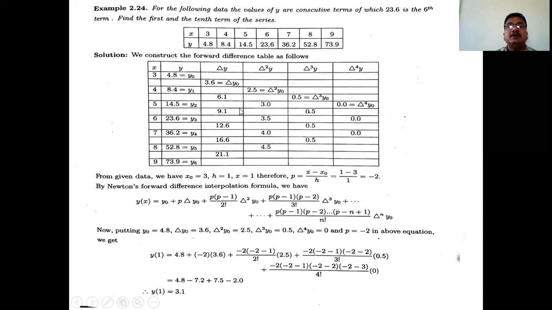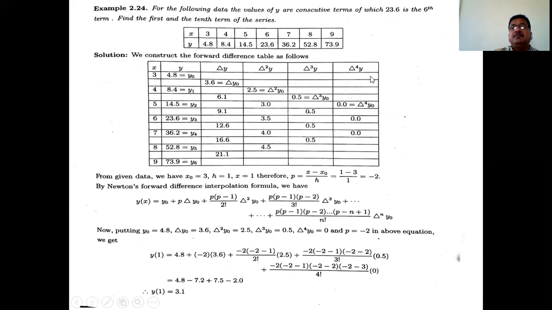That's why I prepared the forward difference table. The first column is the values of x, and the second column has the values of y. These values of x are 7 numbers, so the last column of the table would be delta raised to 7 y.